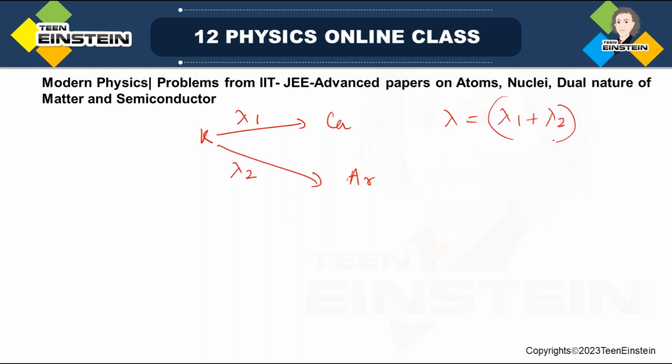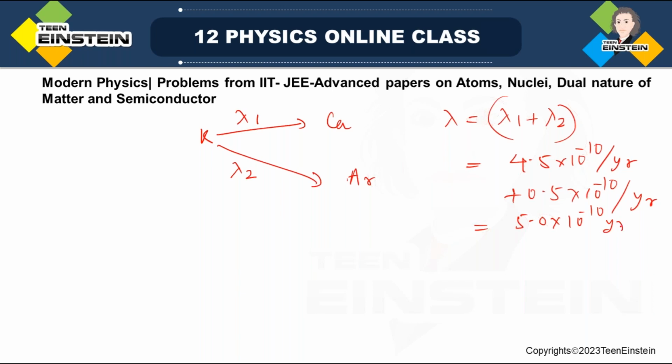This is the total decay constant of the radioactive nuclei. So lambda 1 was 4.5 into 10 to the power minus 10 per year, and this is 0.5 into 10 to the power minus 10 per year. So this can be written as 50 into 10 to the power minus 10 per year.